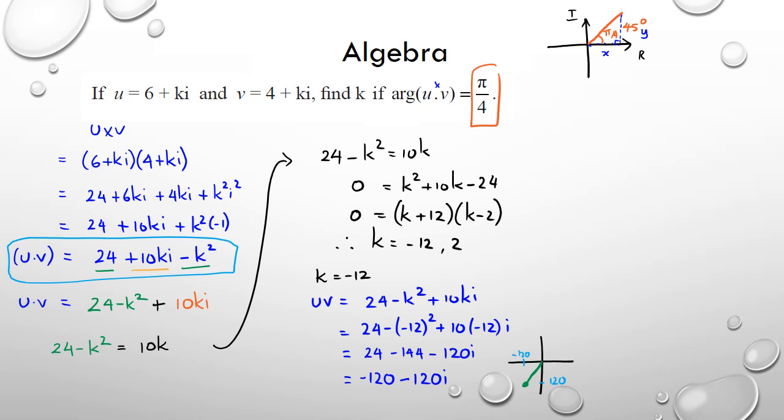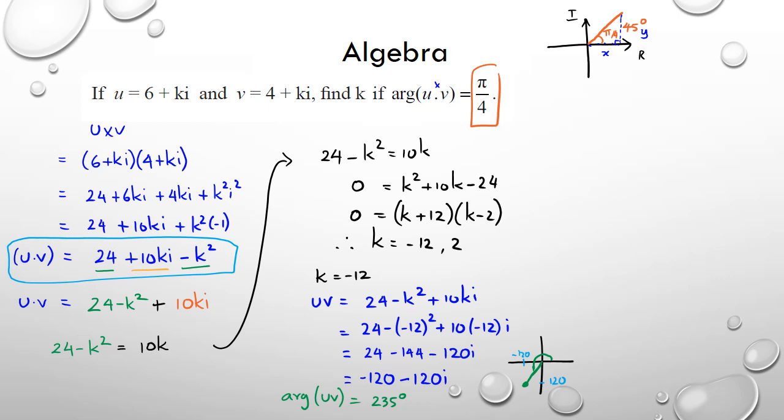And as you can see, the argument for this is not 45 degrees. Sorry, not 135, it's 180 plus 45, which is 225 degrees. So the argument in this case for uv is actually 225 degrees, and that's not what we wanted. We wanted an argument of uv to be 45 degrees.